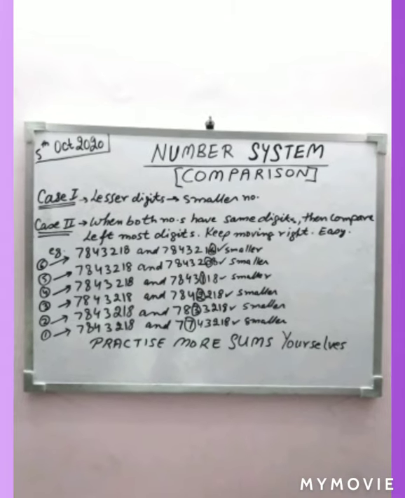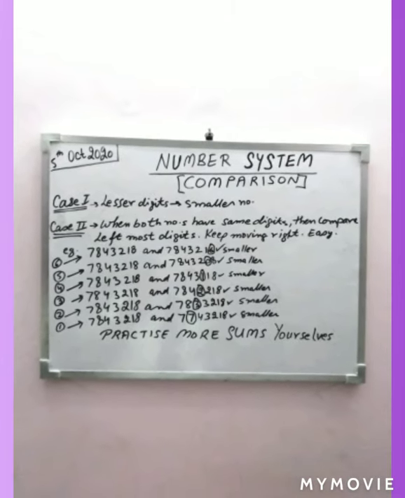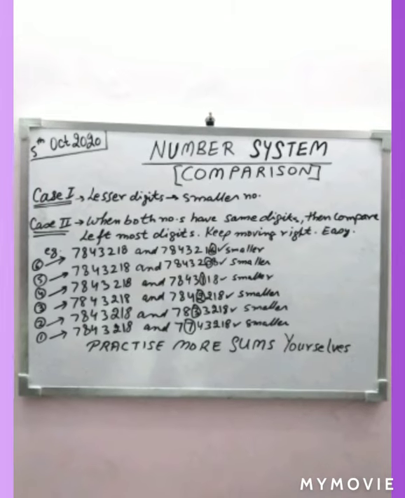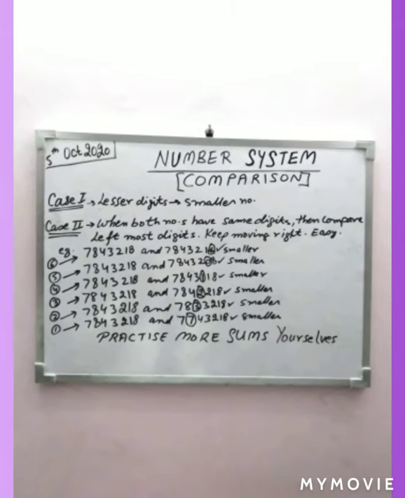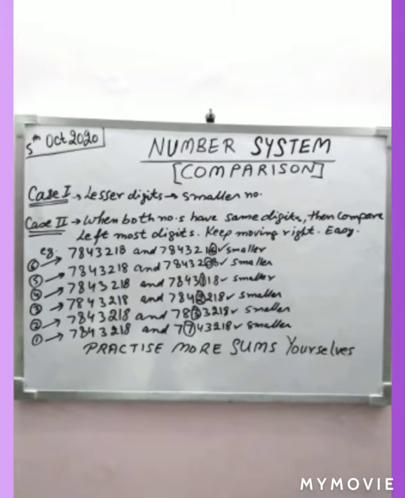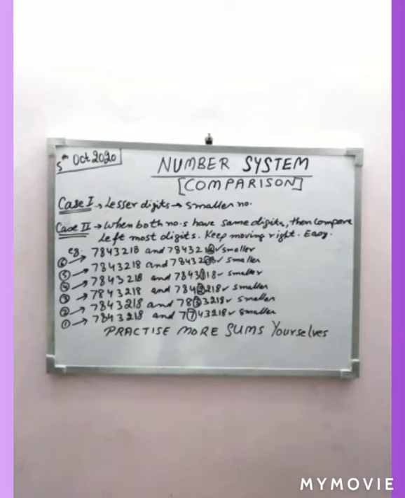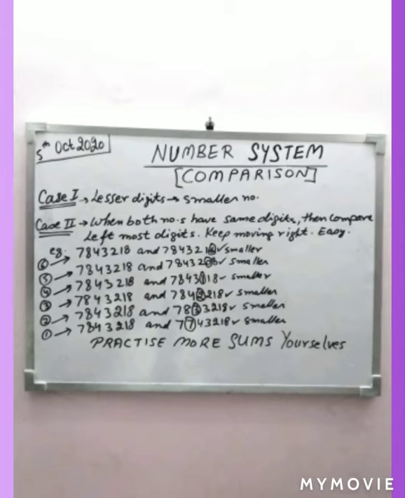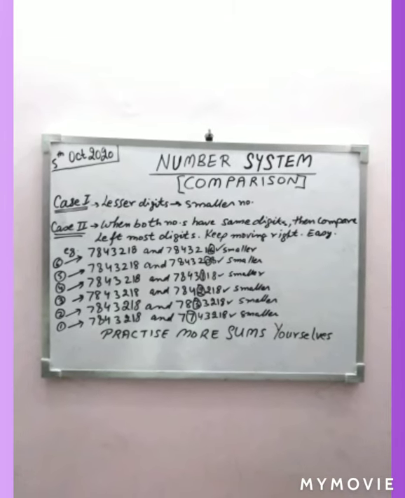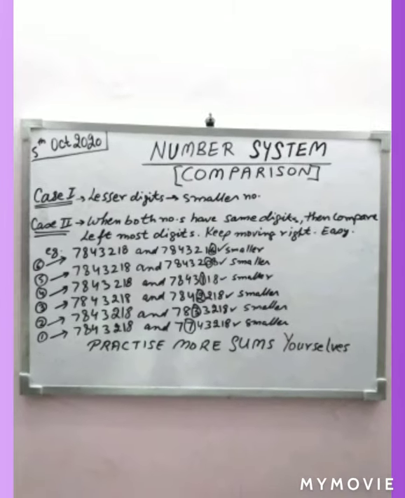As you see on the board, you see example 1, which is written at the bottom. If you take a careful look, you will realize that the first digit 7 is common in both the numbers, but the second digit, in the first number it is 8 and in the second number it is 7.